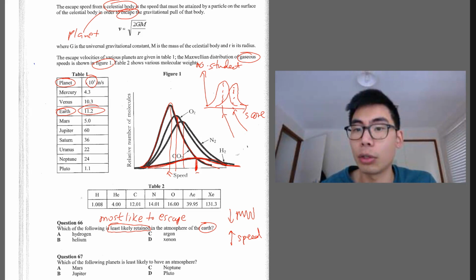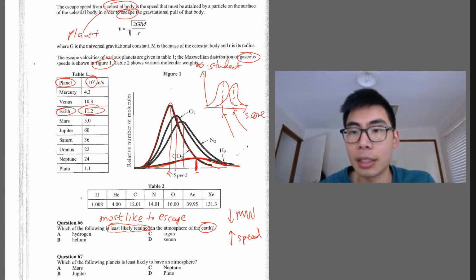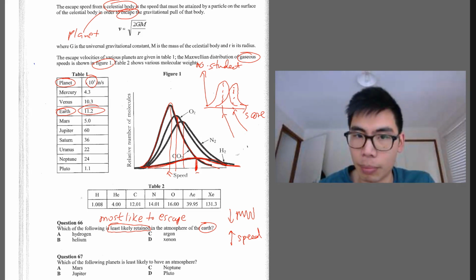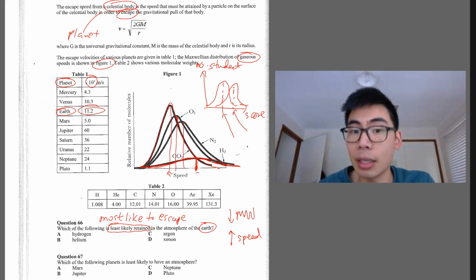Therefore, it would have the greatest average speed. And since it has the greatest average speed, it's most likely to be able to exceed or at least meet the escape speed, which is the speed required to escape from the Earth. And therefore, it is the least likely to be retained.